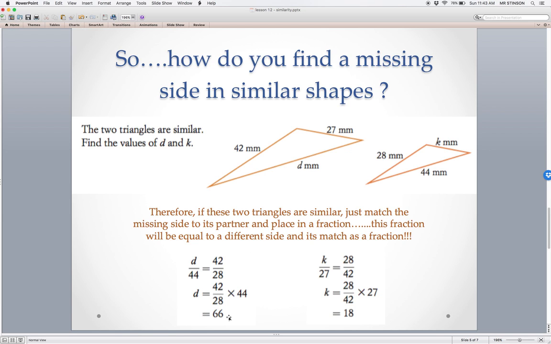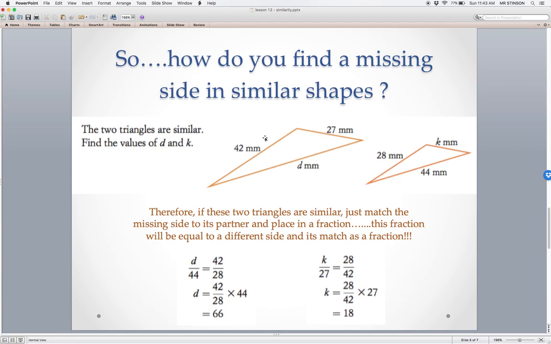So that might be a bit complicated, but let's have a look at another example where we're trying to find K. Match the missing side, K, with its match in the other triangle. And it'd be 27. And place them as a fraction. K over 27. Now, if the shapes are similar, then this fraction must equal another side over its matching side.